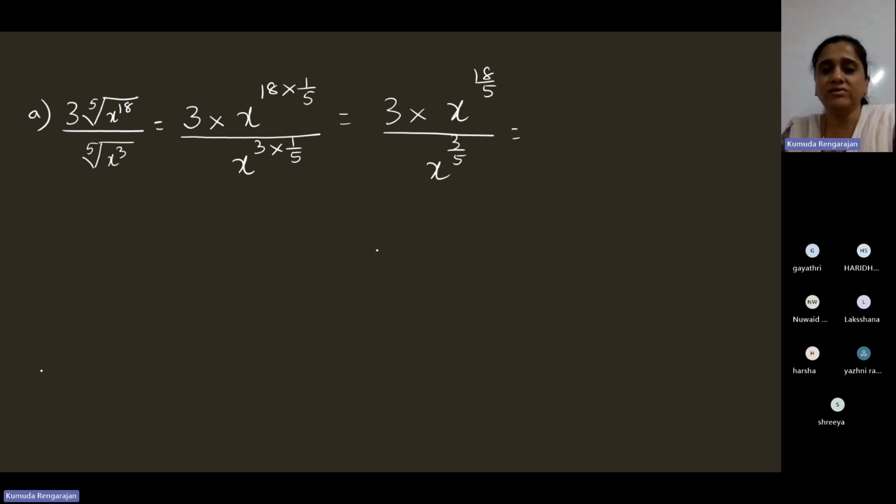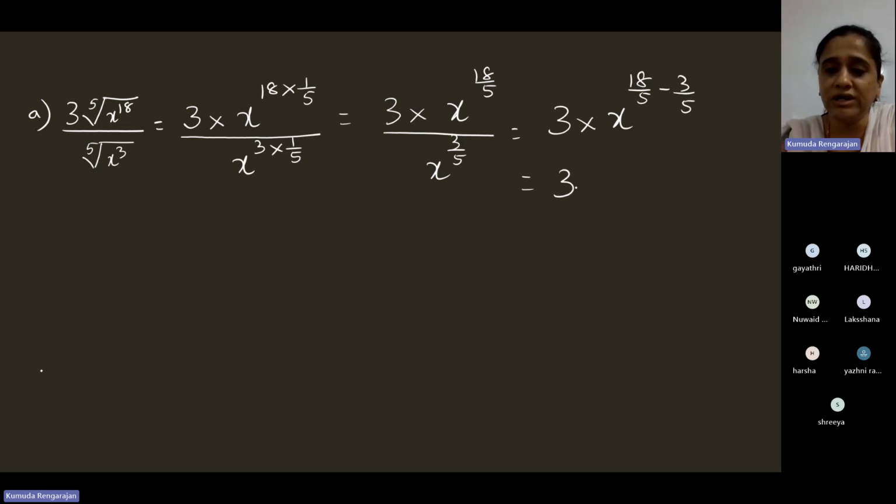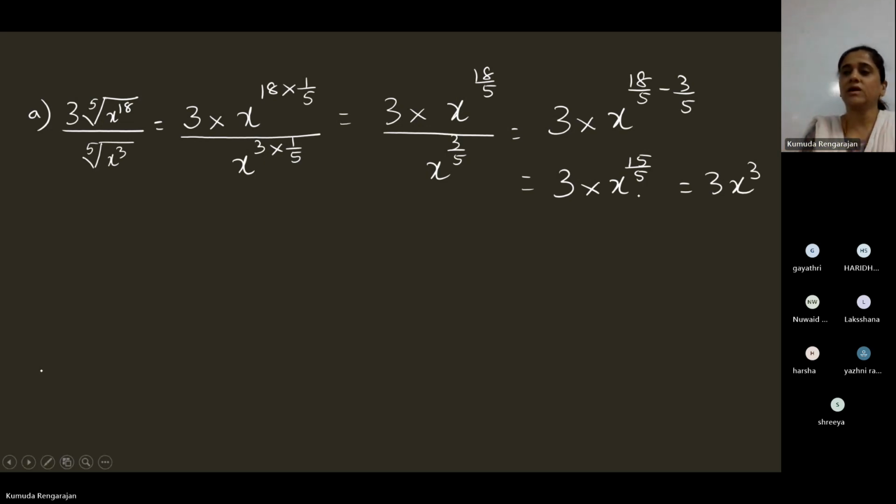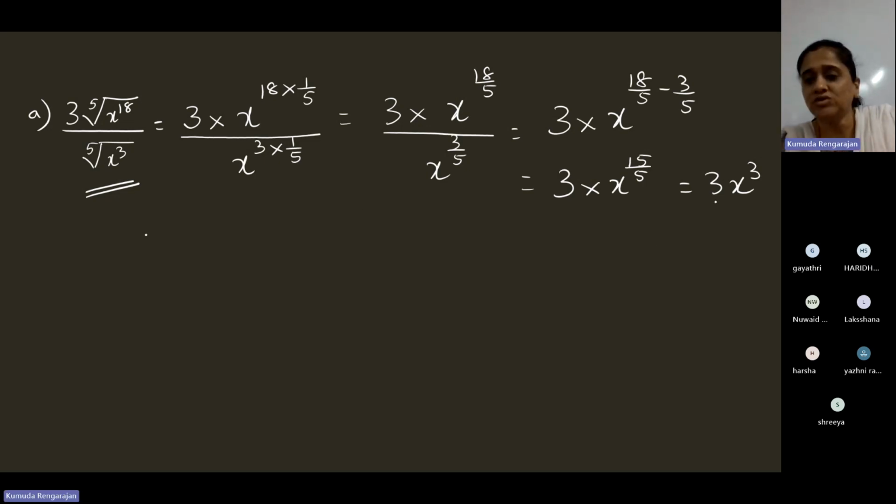Now by the law of exponents, when bases are same and it's division, we subtract the powers. So 3 into x to the power 18 by 5 minus 3 by 5, which is 3 into x to the power 15 by 5. 15 by 5 is 3. So 3x cubed. So this expression simplifies to 3x cubed.